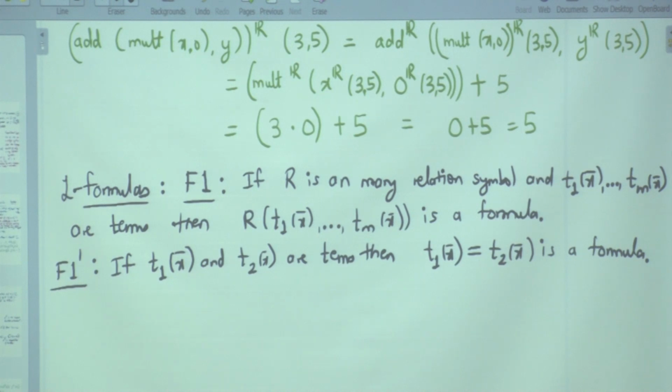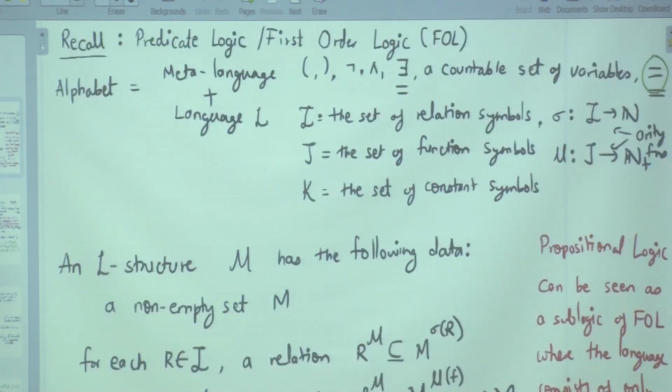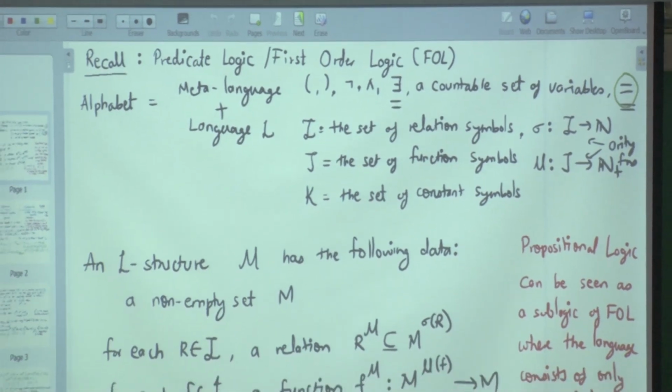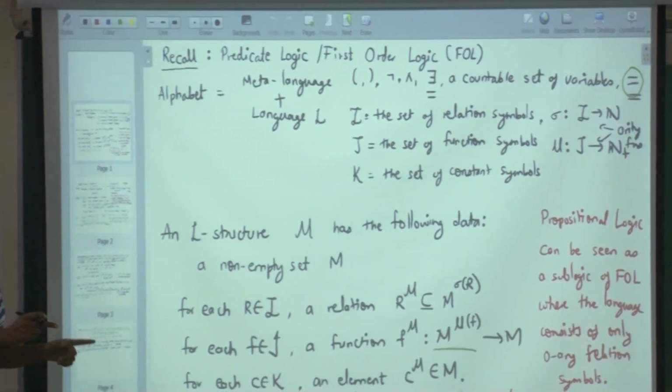Ideally speaking, this should be a subcase of F1. But the problem with that approach is that a relation symbol is interpreted as some subset. We don't know which one. It can be empty, it can be everything. Whereas equality should always be interpreted as a specific subset.